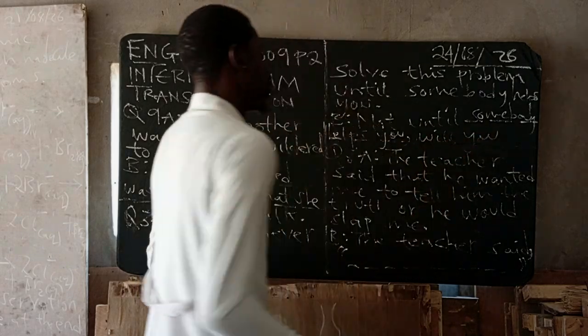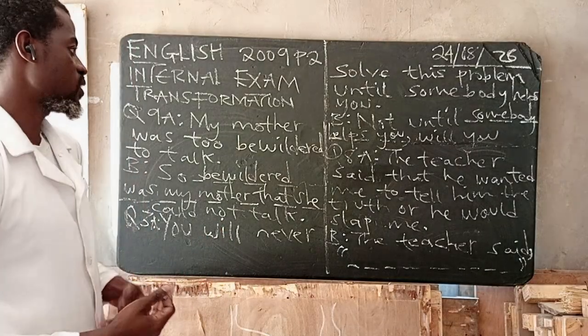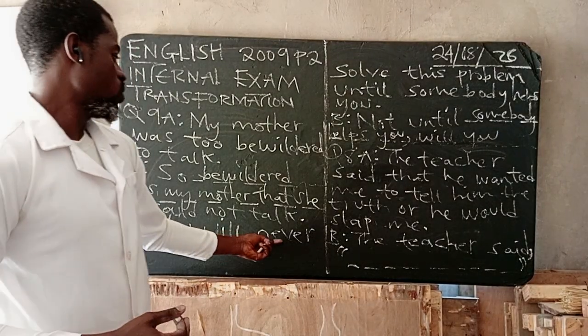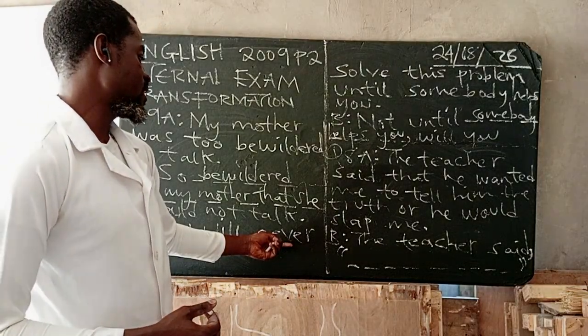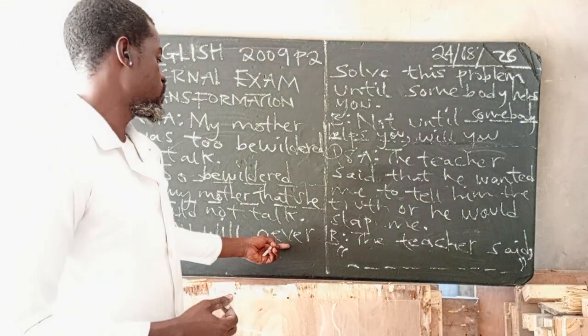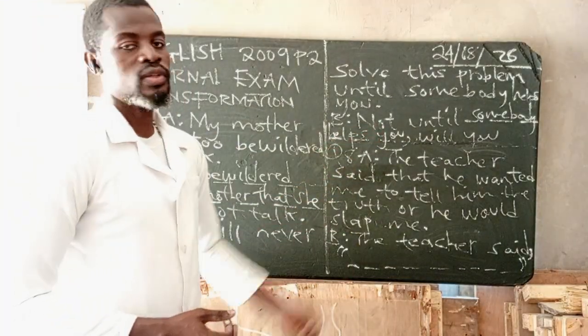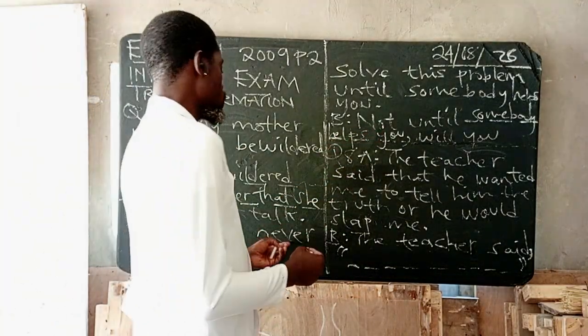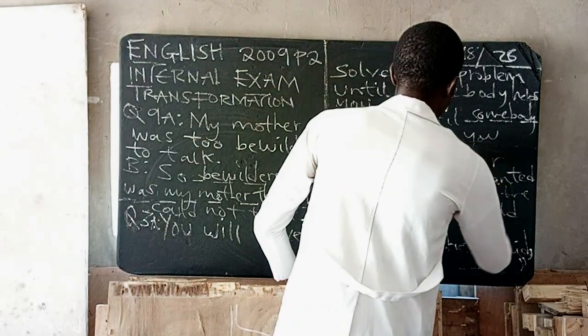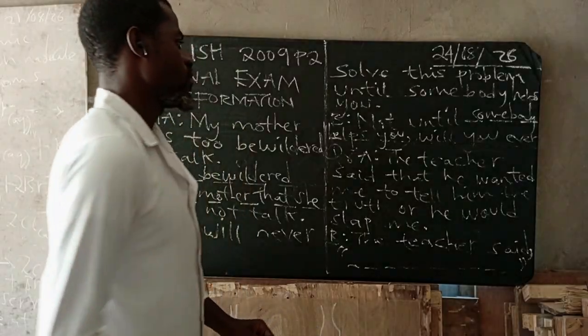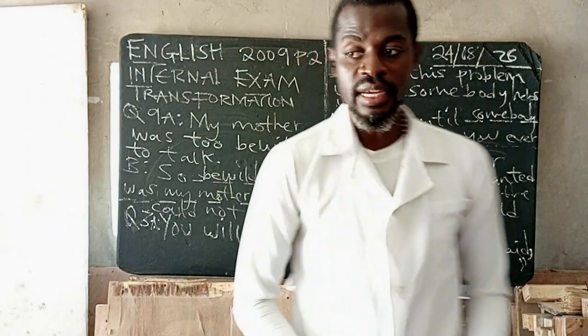This is what we call the inversion structure. Start with the auxiliary verb will before the subject. Look, never here is a negative. So what is the positive of never? They've already started with not, so never is the same as not. They're both negative words, so it will change to ever. Will you ever solve this problem?